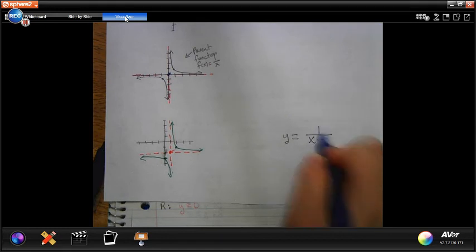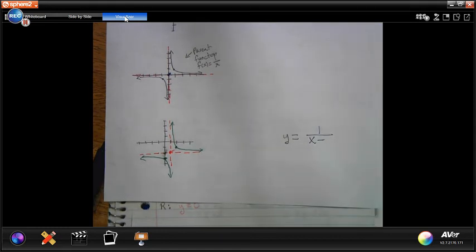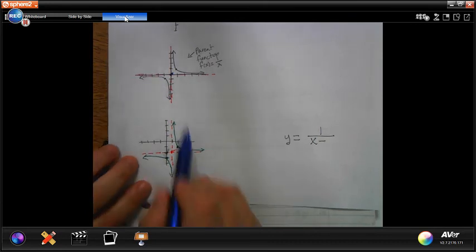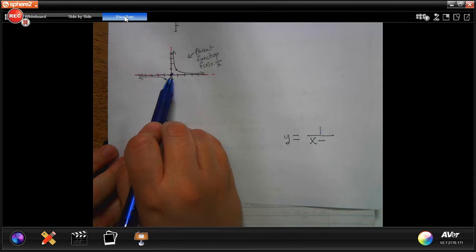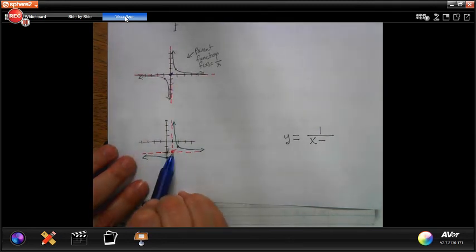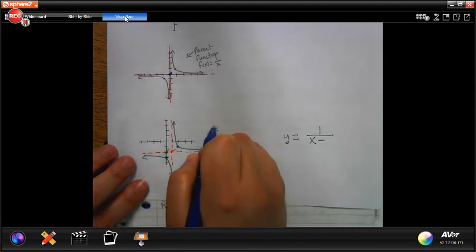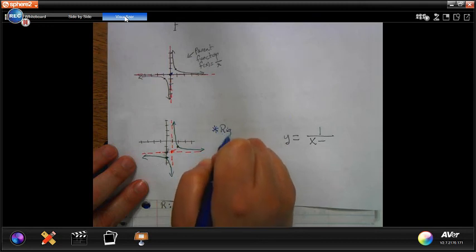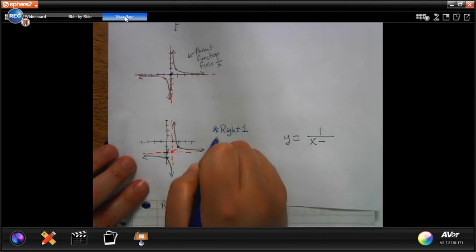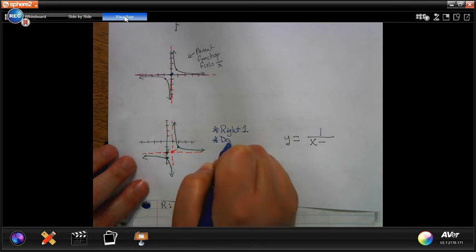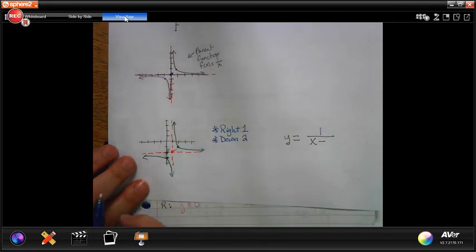So we could just go ahead and put a 1 there. There's no reflection. There's no A. There's no vertical stretch, no vertical compression. We don't need any of that. But what does happen, our center point goes from 0, 0 to over here. So from 0, 0, that is right 1, down 2. So those are the changes that we have here. Right 1, down 2.